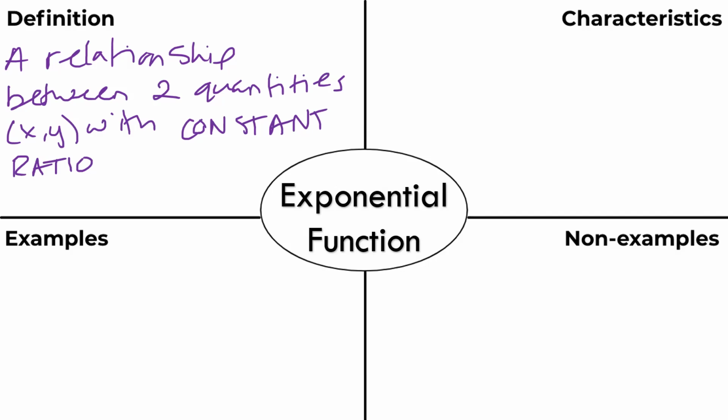A ratio is a fraction. So there's a constant ratio. And that constant ratio is either going to be a growth or a decay. So it's a constant ratio of growth or decay.